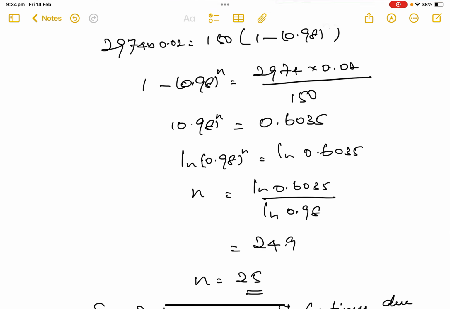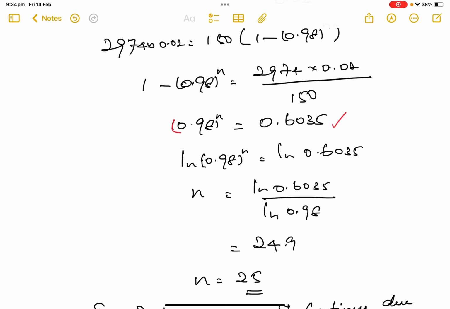Then taking the 1 to the other side and the 0.98 to the power n to the other side, work it out on a calculator.